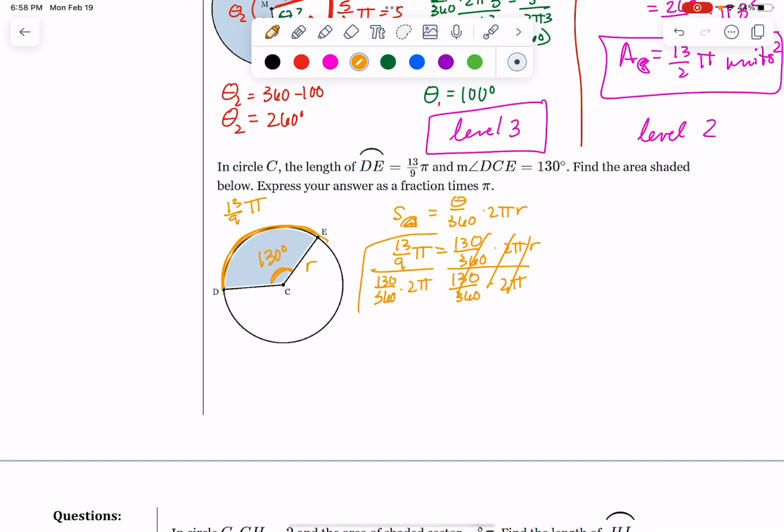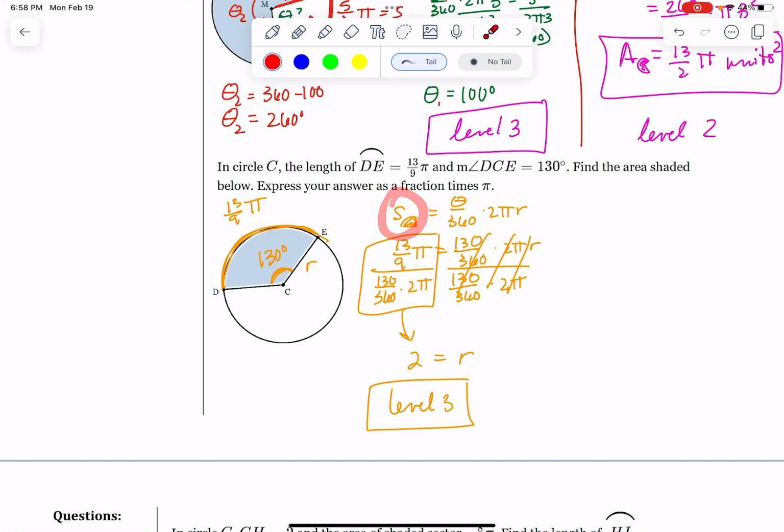So we put all of this in the calculator to get that the radius is 2. So this is a level 3 skill because we had to rearrange the formula. We weren't solving for what it equaled. We had to rearrange to solve this. But now all I've done is find the radius.